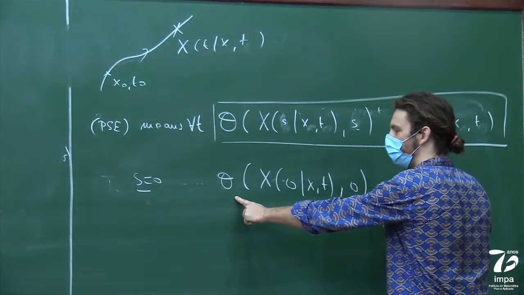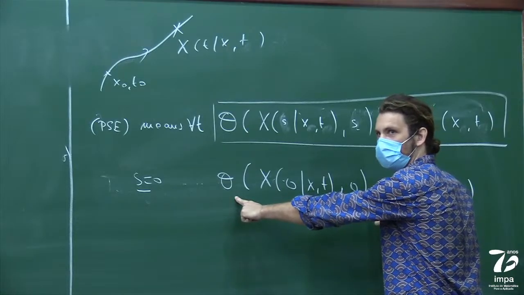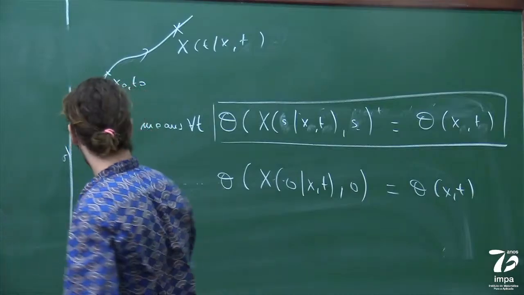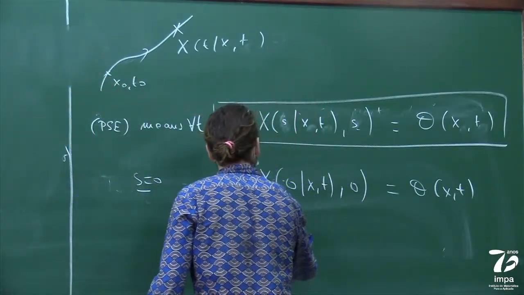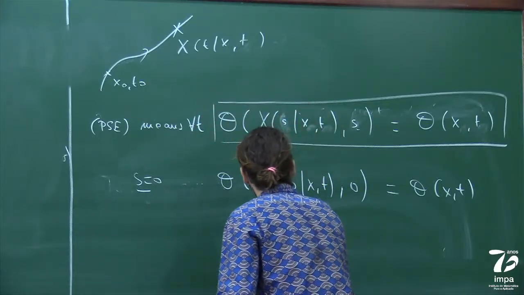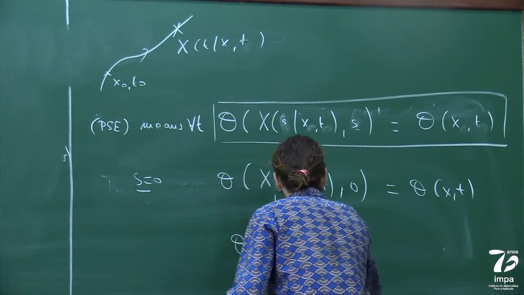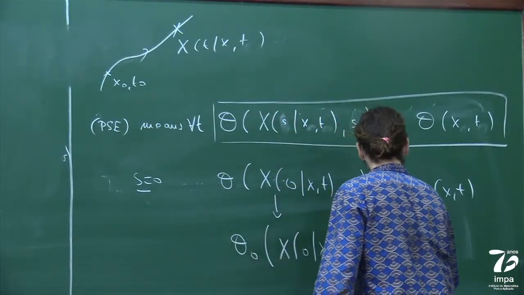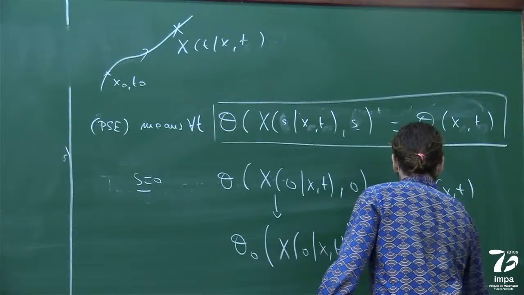It is the value of the scalar at initial time. So it is nothing but theta 0, the initial data. This is theta 0 of x0 of x, t. And this is theta of x, t.